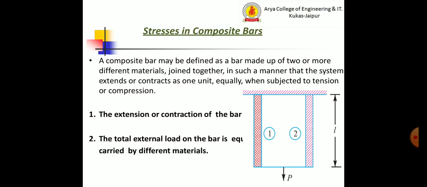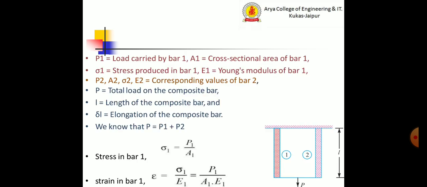Here we can see there are two different bars of different elements 1 and 2, and these are applying an equal force of P and the same length of L.